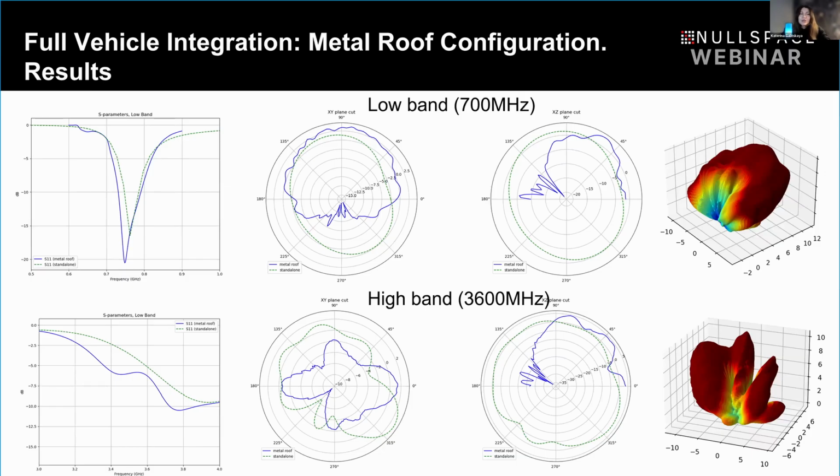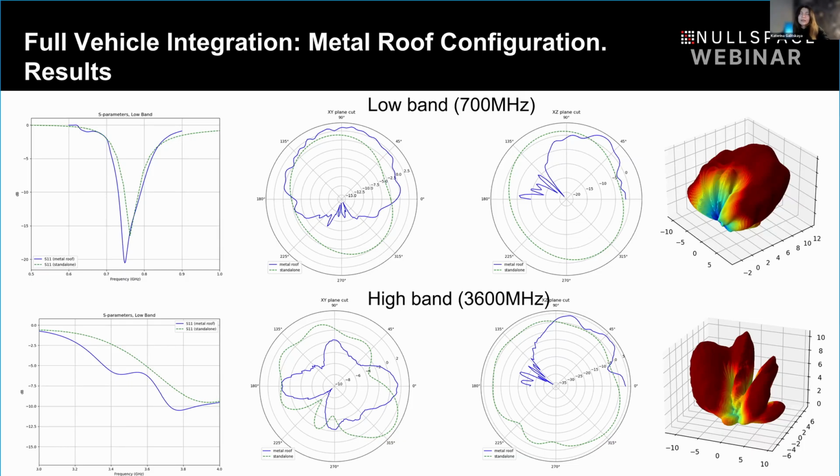And we also see here that there is a bit of a shift in the resonance, maybe not as big, but there is some level shift and a bit of resonance shift, several megahertz, something like that. And on the high band, again, big change in radiation pattern, and maybe not so big a change in return loss and resonance, but that is what we would expect.